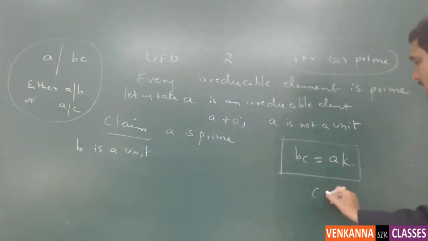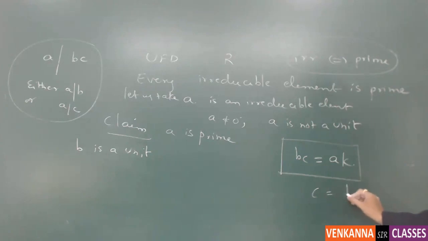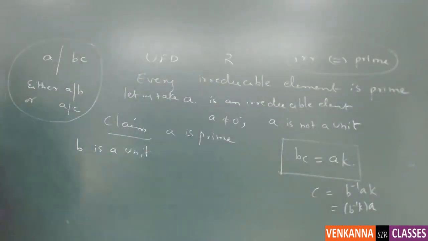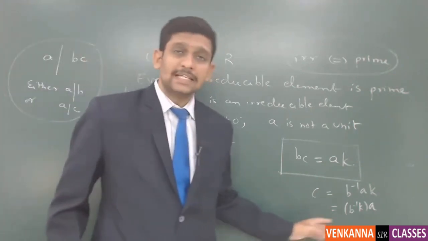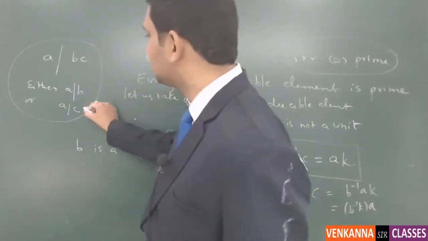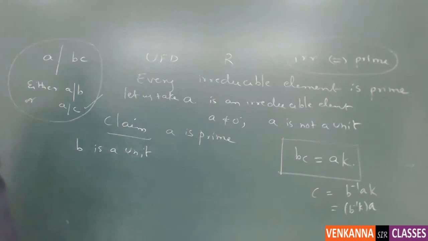Then you get that C is equal to B inverse AK, in other words, B inverse K into A. Accepted? So you have written C as a multiple of A. Therefore, A divides C. Agree or disagree?